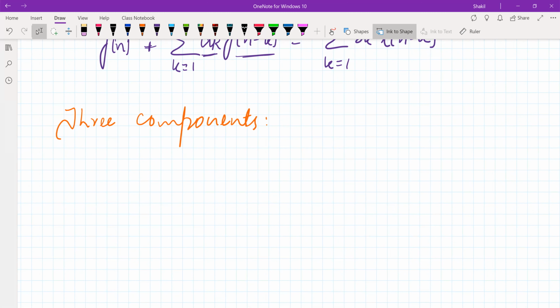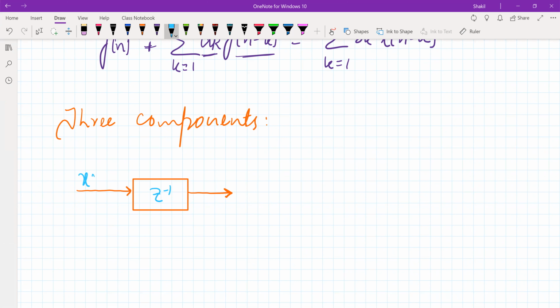Now how do we draw these systems? First I require a delay component, so the memory component. In discrete time we denote it like this. This delay component is denoted by z inverse. In the frequency domain we denote it by Z inverse, which means the delay.